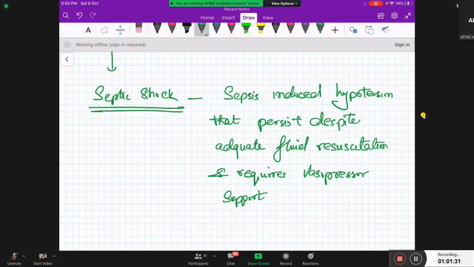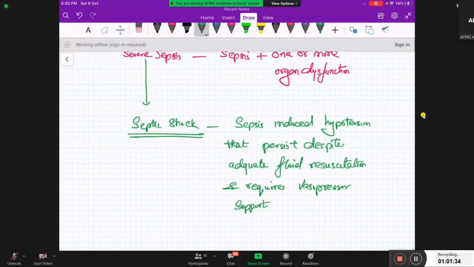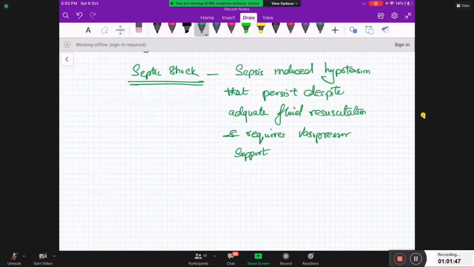Now, to assess the severity of septic shock, we have a score called SOFA score.